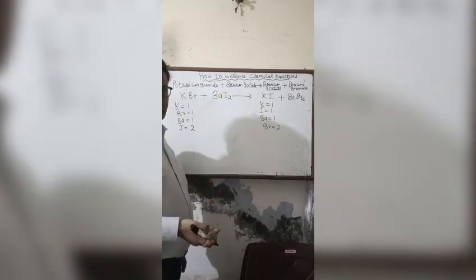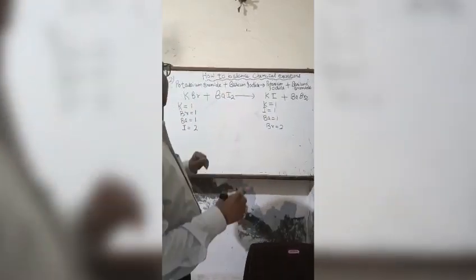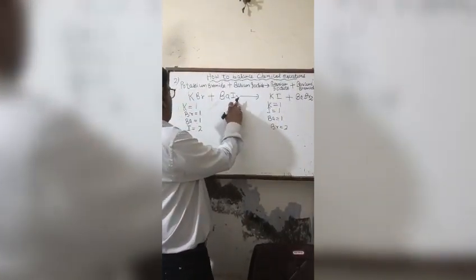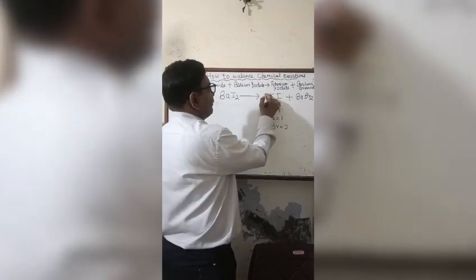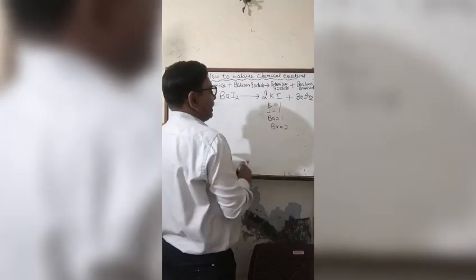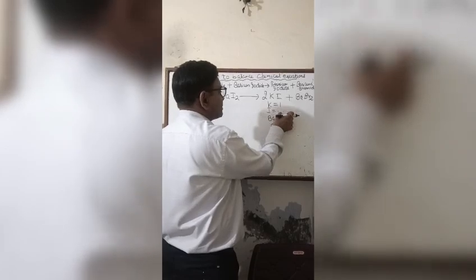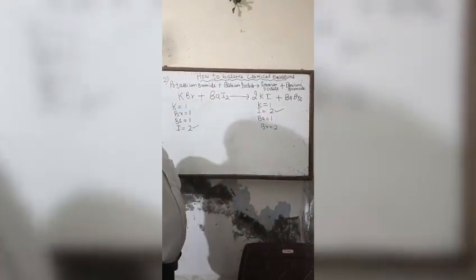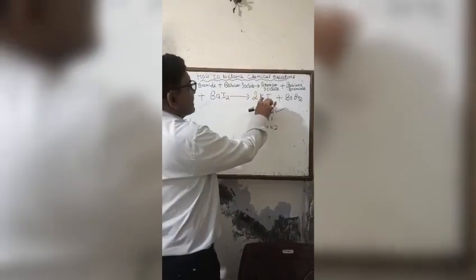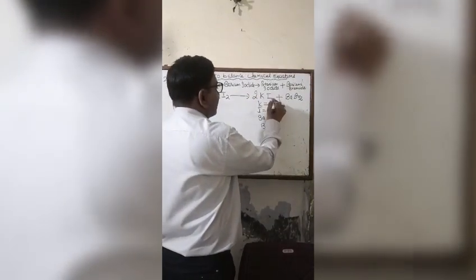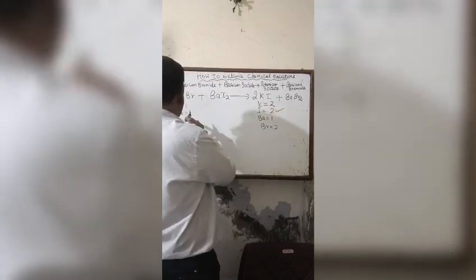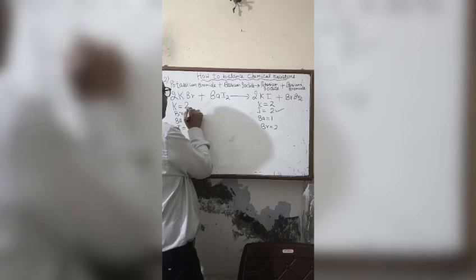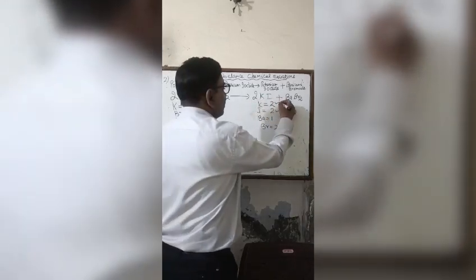Now come to the non-metal portion. Here is I 2 and here I 1. So we will put the coefficient 2. By putting this, I becomes 2. So mark tick, I has become 2. Now by putting this, potassium becomes 2, but here potassium is 1, so put 2. Now potassium is also balanced.